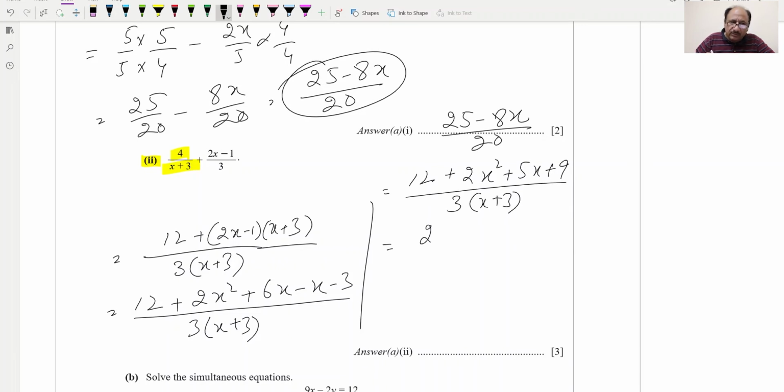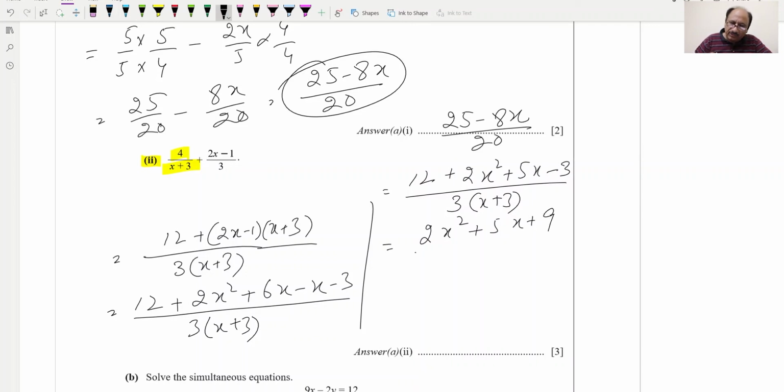Further, we can simplify 2x squared plus 5x plus 9. This is not 9, this is minus 3 basically, and we made a mistake, so it will be plus 9 after simplification.